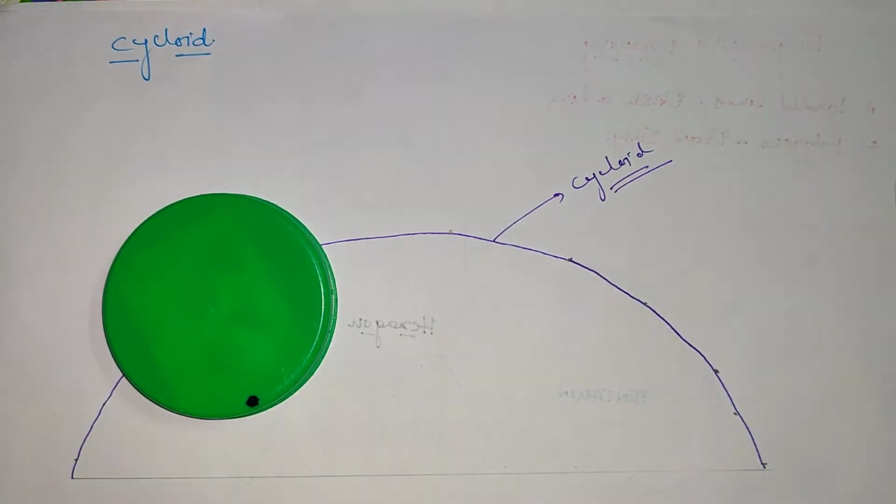I hope that you understood the definition of a cycloid. Next, let us go through how to draw this for a given radius for a circle.